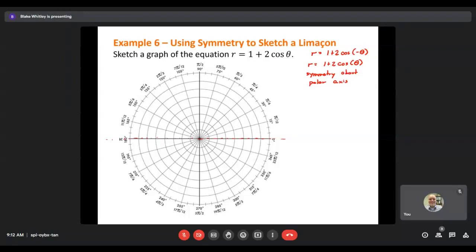So let's start going here. We're going to do our thetas and our r's. Start with 0. So we got 1 plus 2 cosine of 0. That's going to give us a radius of 3. Pi over 6, 2.7.